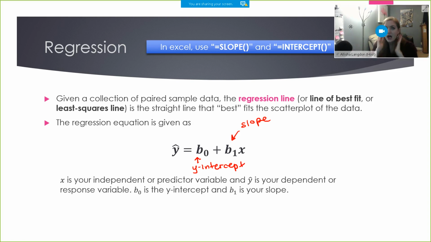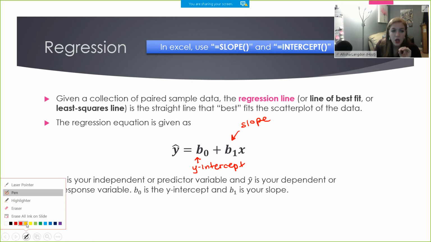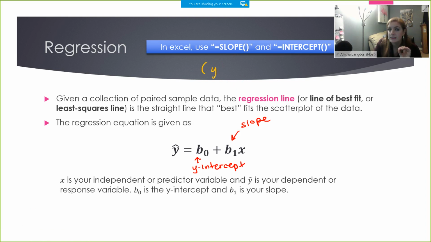In Excel, to find b1, our slope, we can use equals SLOPE. Now, be careful here. When you are selecting your data in those parentheses, you have to select the y's first and the x's second. So the y's are your second column, and your x's are your first column.